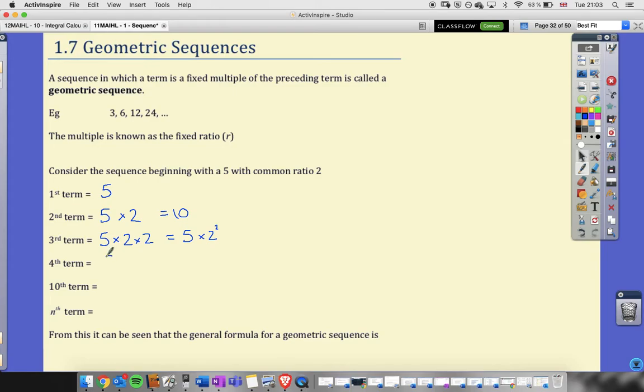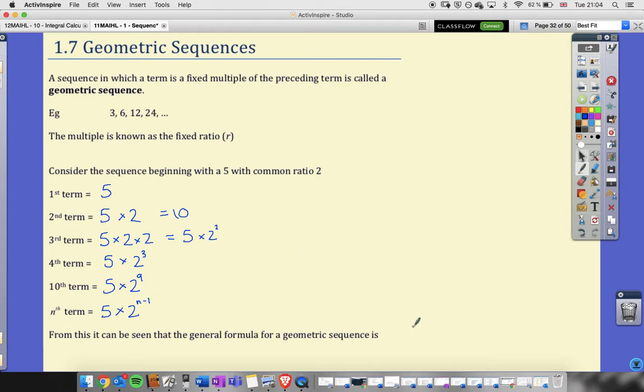The next one's going to be 5 times 2 times 2 times 2, or 5 times 2 cubed. What we should be noticing is that the power is 1 less than the term number. So the 10th term won't be 5 times 2 to the power of 10, it'll be 5 times 2 to the power of 9, because that first term hasn't been multiplied by 2 yet. Our nth term would be 5 times 2 to the power of n minus 1.